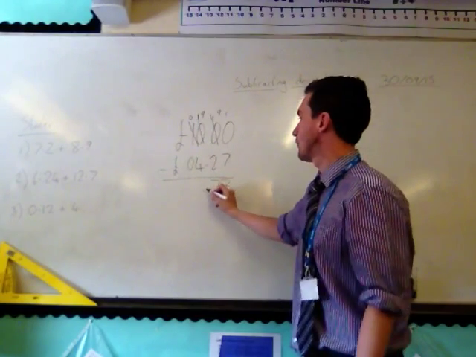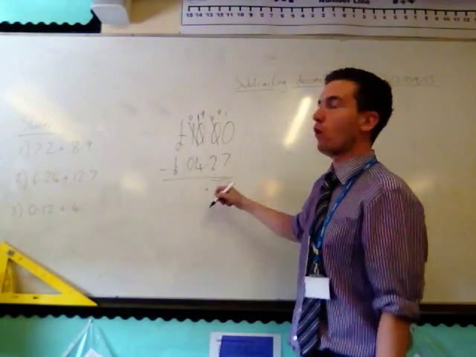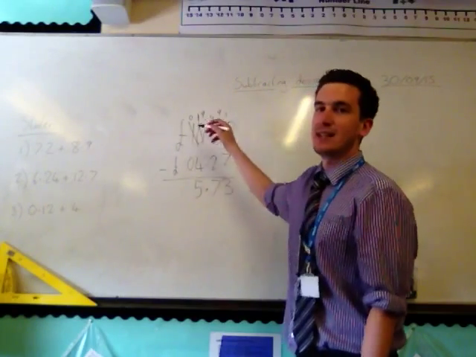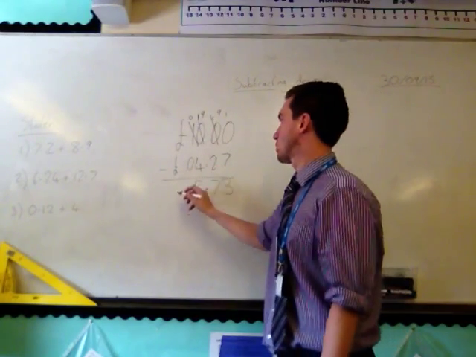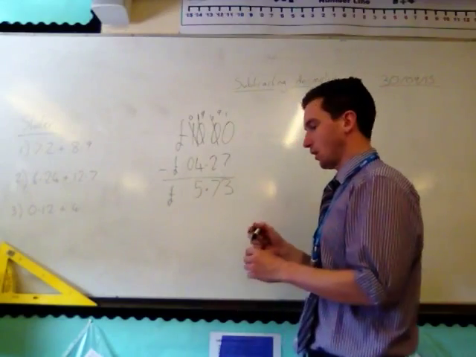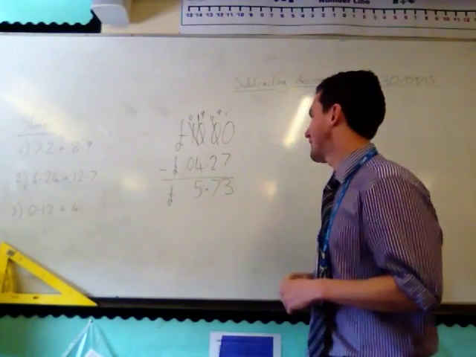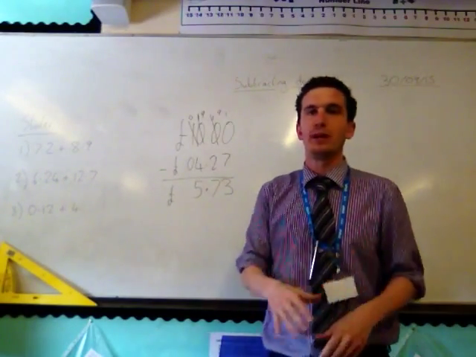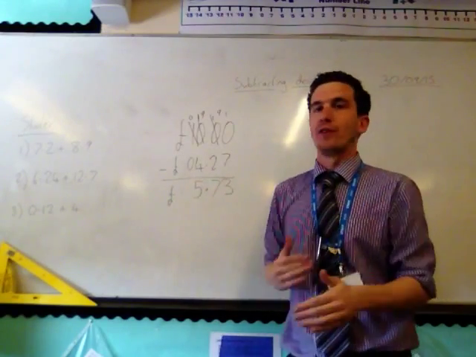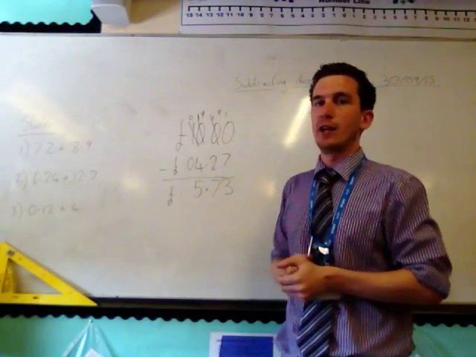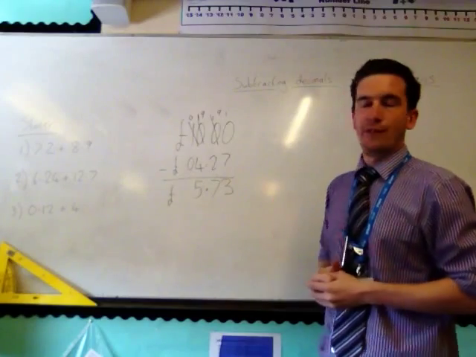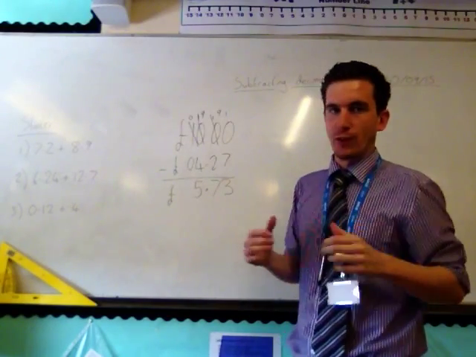Decimal point goes in, don't forget your decimal. 9 take away 4 is 5. 0 take away 0, 0. So I'm just going to put in the pound sign. £5.73. Again, if you just want to pause me and have a look through that, or rewind to go through that again, feel free. But there's the third example.